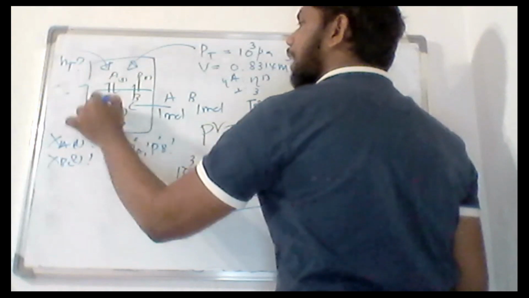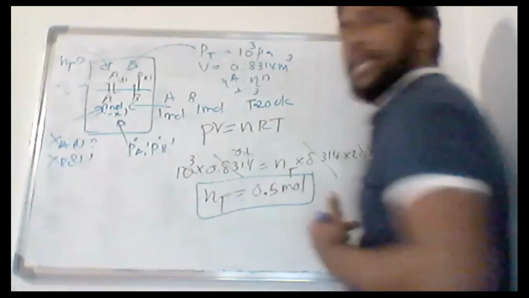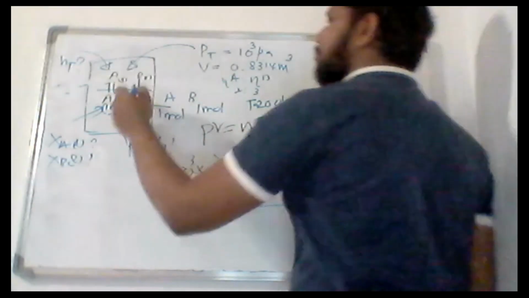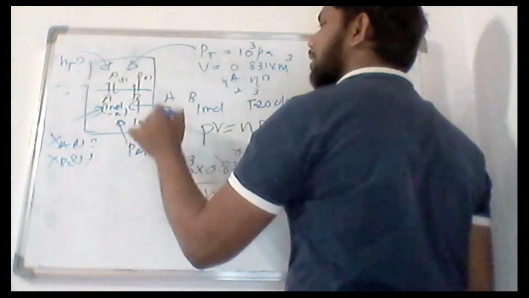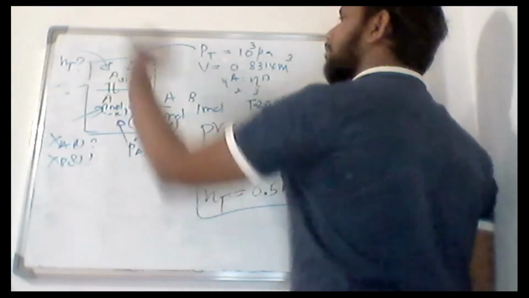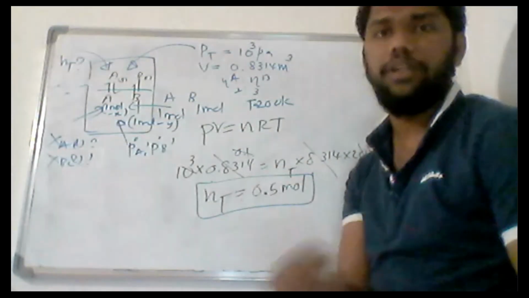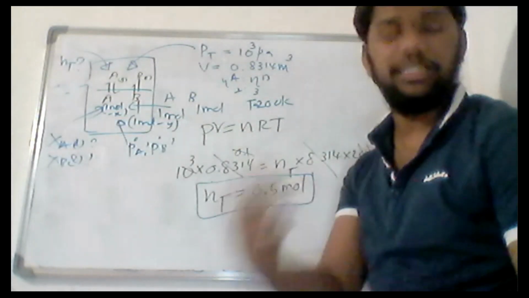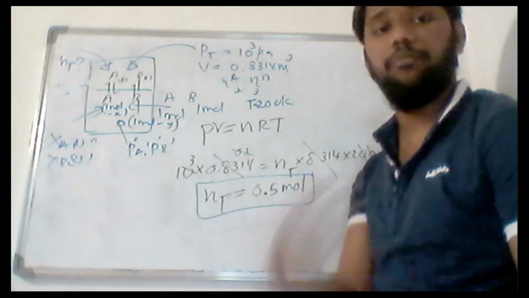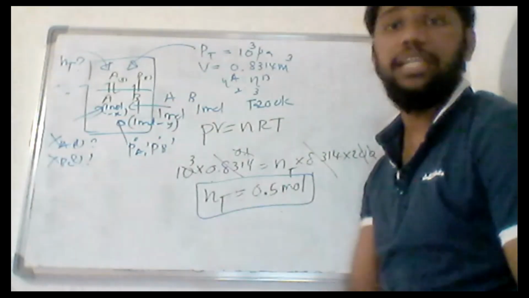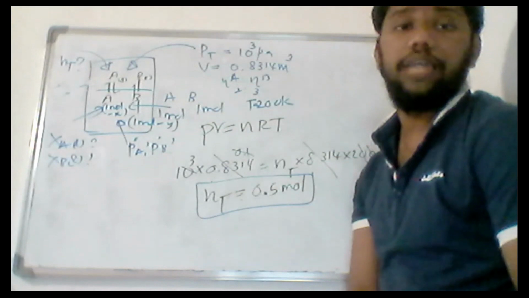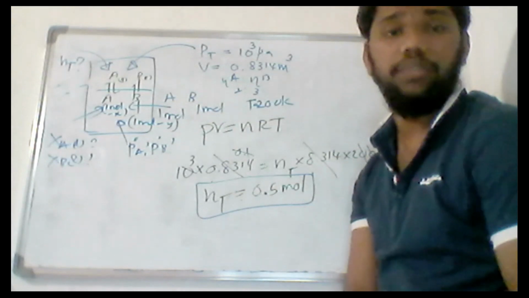Which means if you have 1 mole of A here initially, some amount X will now be in the gas phase. And in the same way, if you have 1 mole of B initially, some amount Y will be in the gas phase. So in the liquid phase, the amount that will remain is 1 minus X. And in the same way, the amount of B remaining in the liquid phase will be 1 minus Y. Why?